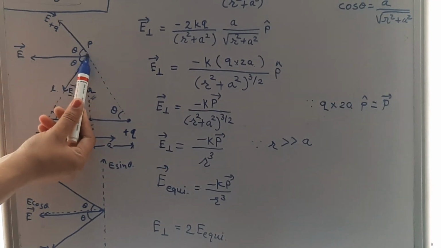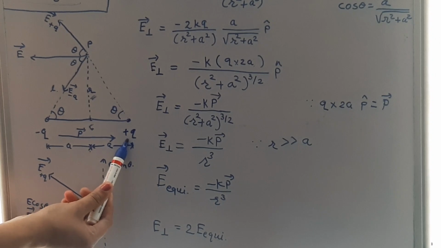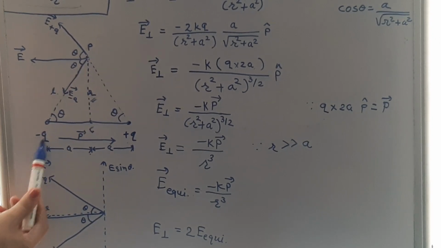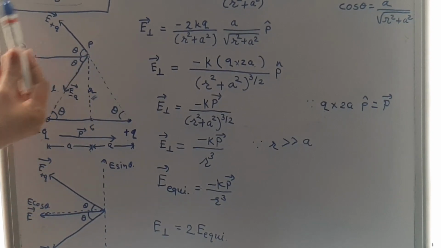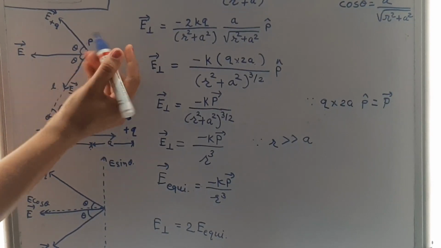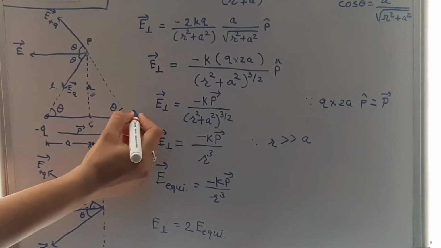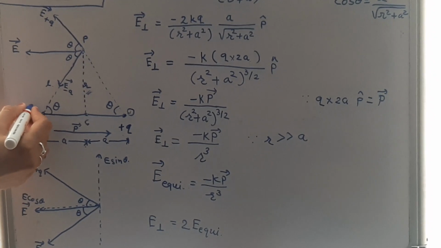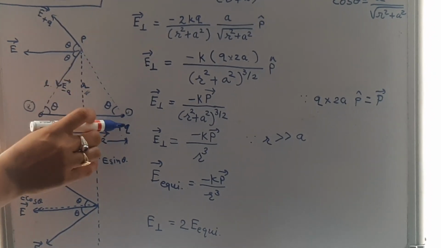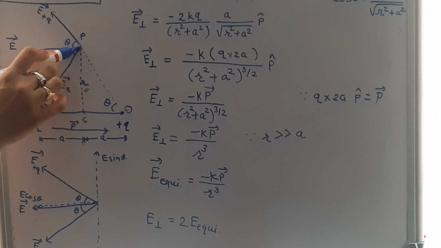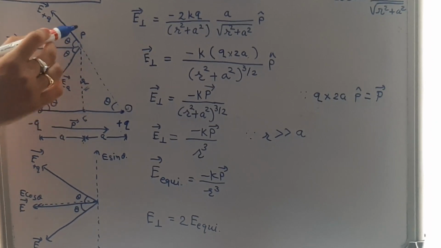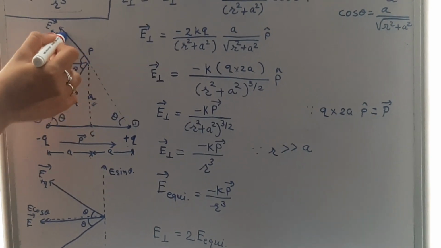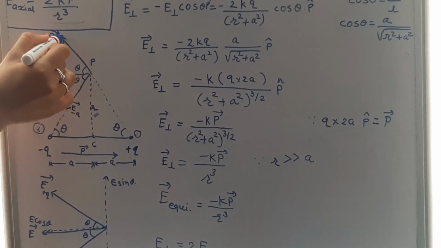At point P, what is the electric field due to charge plus q, what is the electric field due to charge minus q, and what is the net electric field? If this plus q charge is charge 1 and minus q is charge 2, then due to charge 1, the electric field at point P will not be towards the charge, it will be away from the charge.